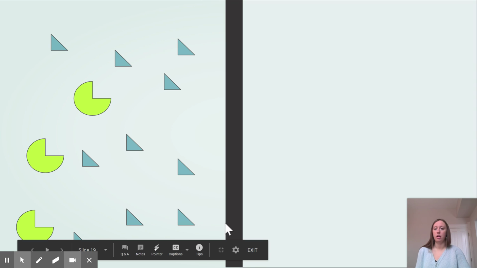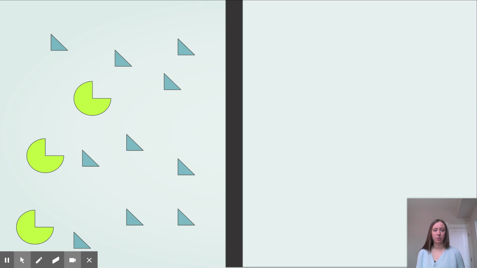Now let's go ahead and look at our next trend. How does substrate concentration impact the rate of the reaction? Reminder, the substrate in this picture is being shown in those blue triangles. On the left right now, we have a low concentration of substrate. Now let's say that on the right, we keep the same number of enzymes, but we increase the number of substrates.